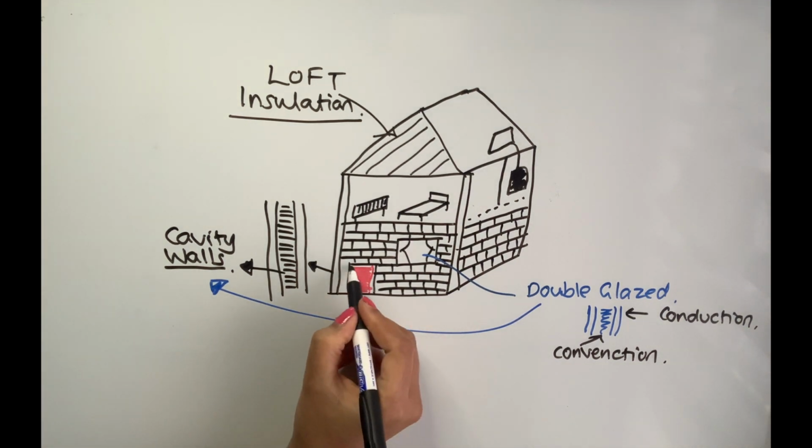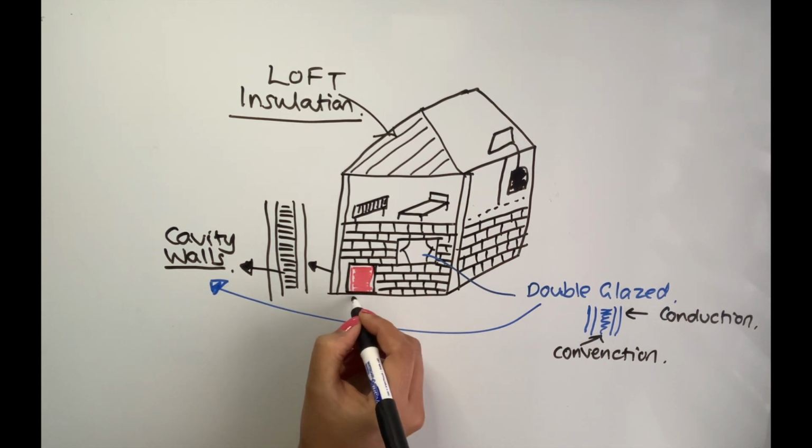Then around your doors you can put draft excluders.